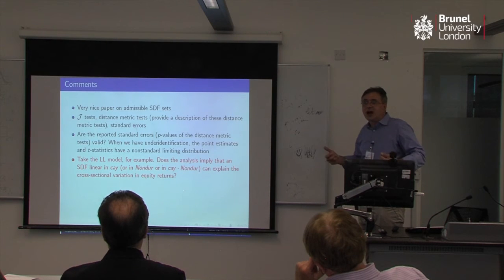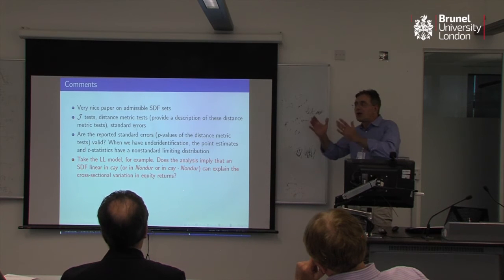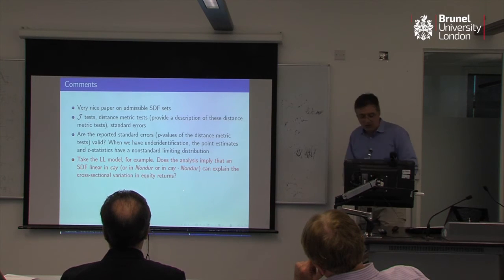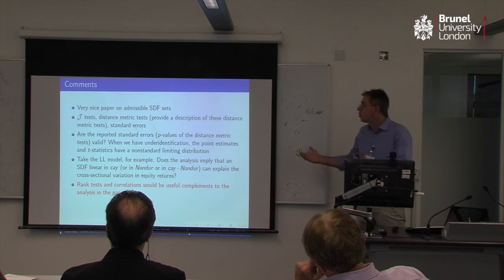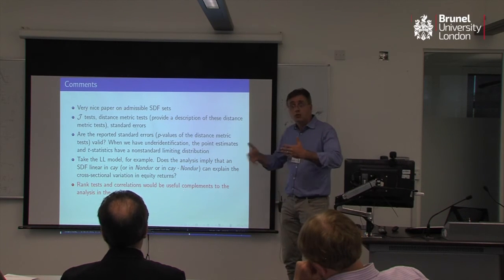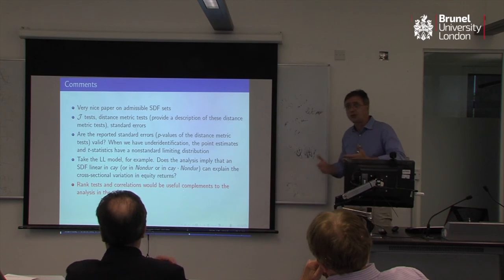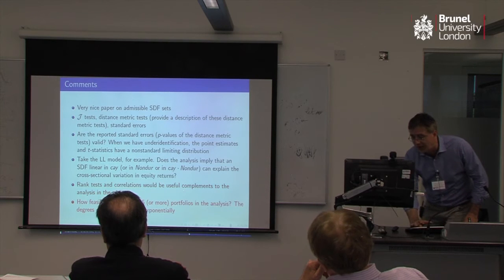Does this mean that an SDF linear in chi, looking at the d equal to 3 case, explains the cross-section exactly? In this case, I would also like to see maybe a rank test, some correlations, to see what is happening. Of course, now you have also changed the number of test assets. Before you were using 6, now you're using 25, so things can change based on the number of test assets, but it would be interesting to see that.